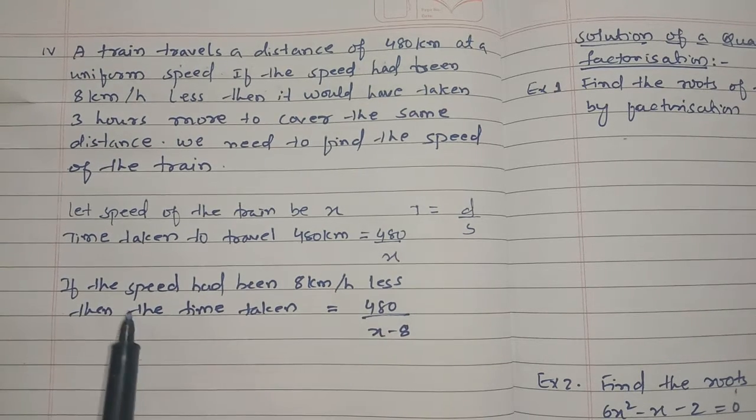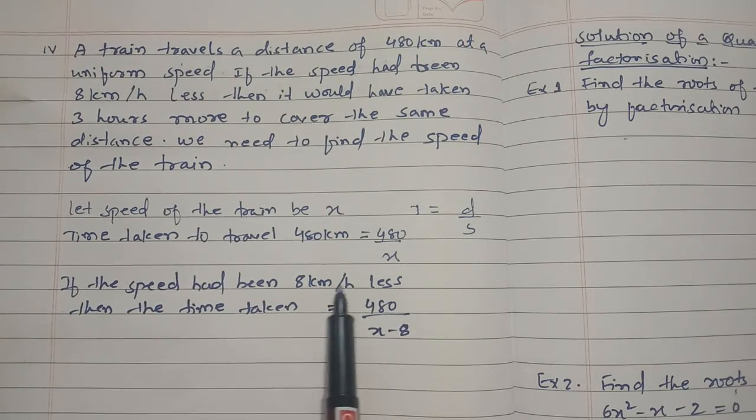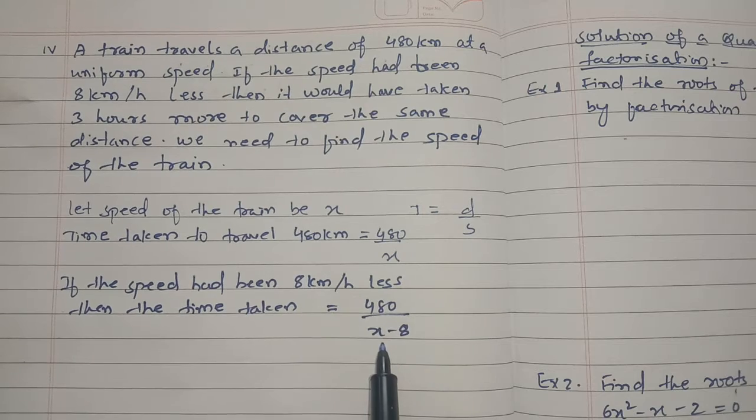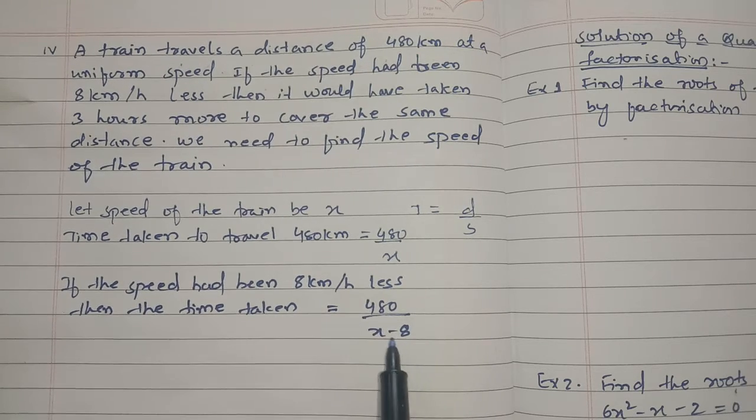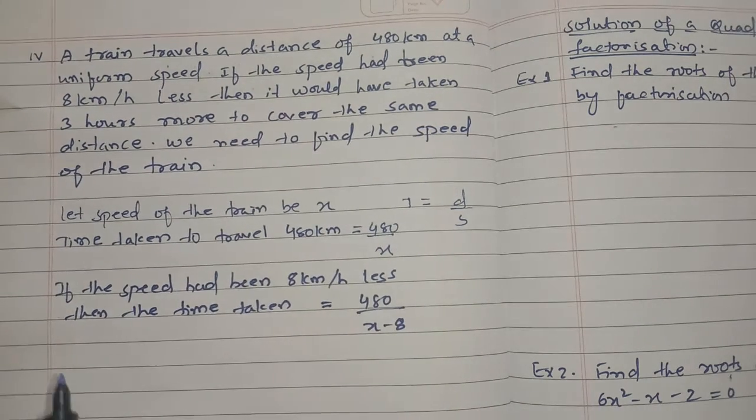Why x minus 8? Because the speed is 8 km per hour less.